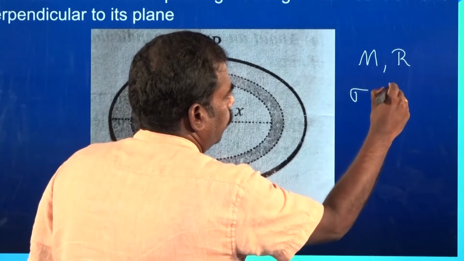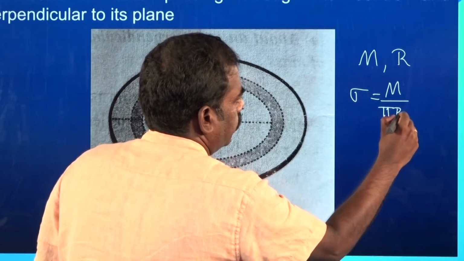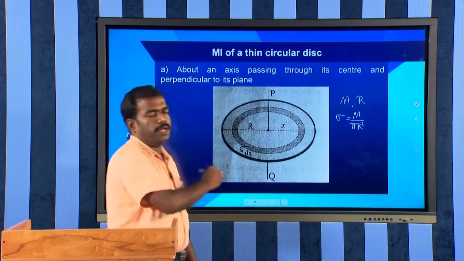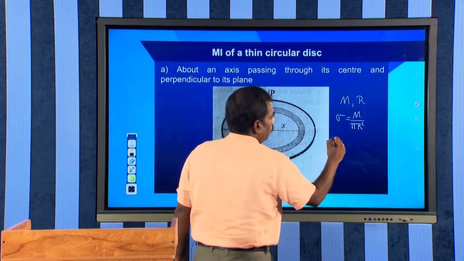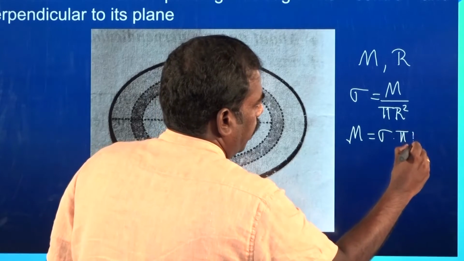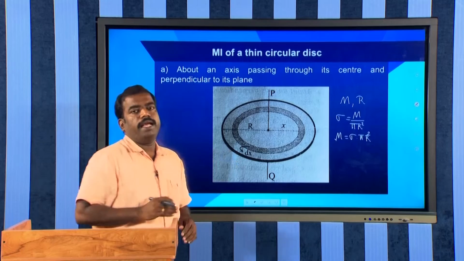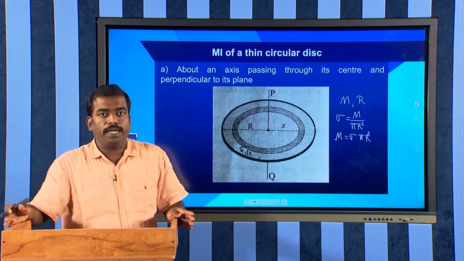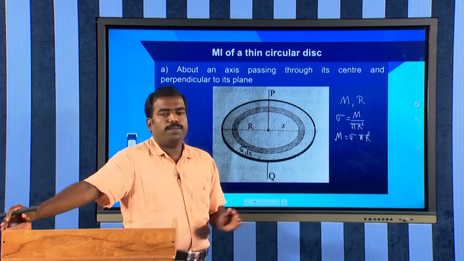Sigma equal to mass by area, and area equals pi r square. So, sigma equal to M by pi r square, or the total mass of the body capital M equal to sigma into pi r square.